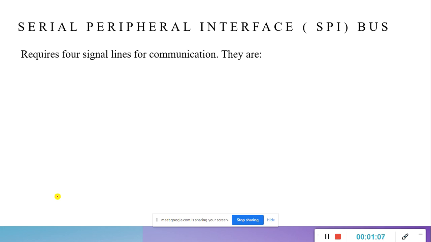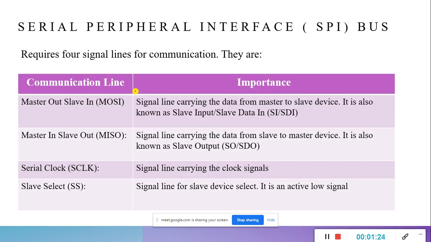Now let us understand that SPI requires four signal lines for communication, and we will understand which those four signals are. So these are the four important communication lines.